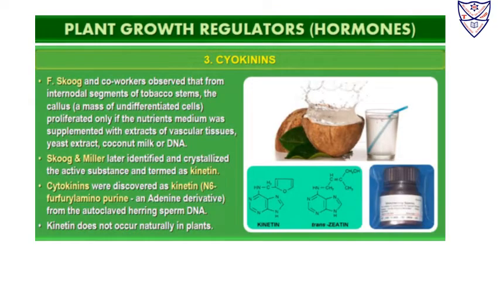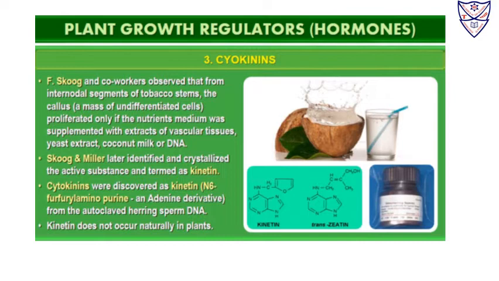Now let us study about cytokinins. F. Skoog and co-workers observed that from internodal segments of tobacco stems, the callus proliferated only if the nutrient medium was supplemented with extracts of vascular tissue, yeast extract, coconut milk or DNA. Skoog and Miller later identified and crystallized the active substance and termed it kinetin.